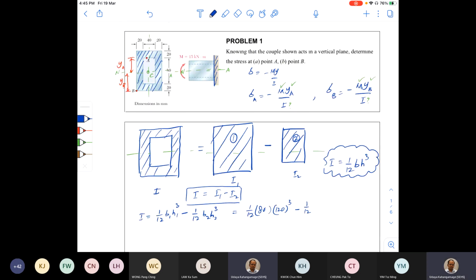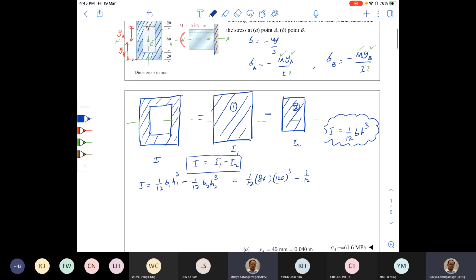B2 is the inner part with 40, and the height is 80 to the power 3. Now you simplify this one, you can get the answer. I will write my answer here directly: 9.81333 times 10 to the power minus 6 meters to the power 4.